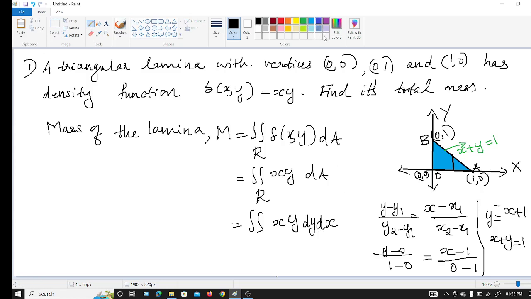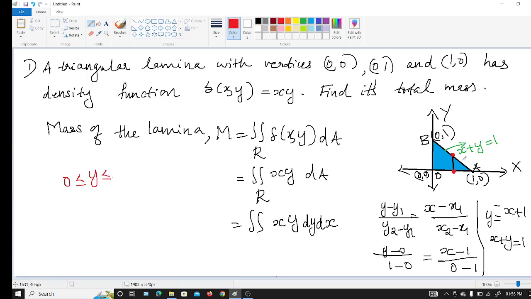The lower limit of y: the line meets the x-axis, and the equation of the x-axis is y equals 0. So the lower limit of y is 0.